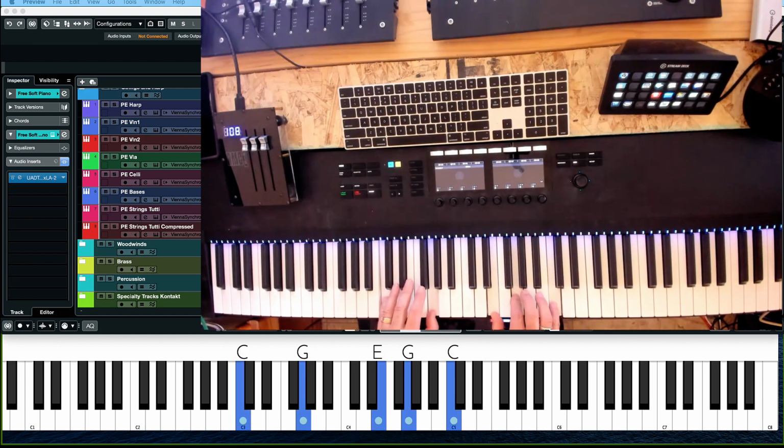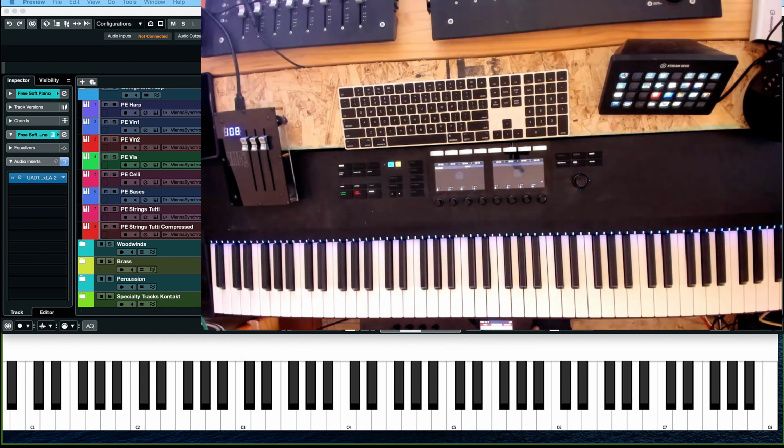So I can voice these chords in different ways by using those three fundamental notes, the C, E, and G. And here's another voicing we could use. So I've got the C chord. I'm thinking I'm in the C scale, and so I know what notes I can use for my melody.